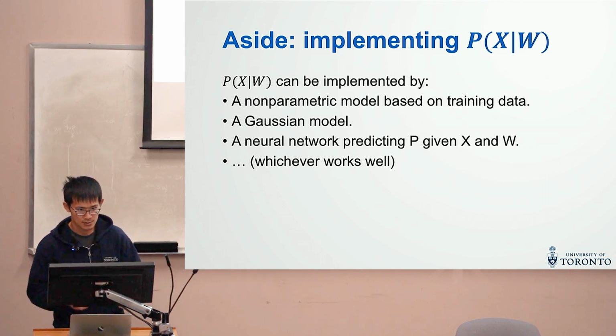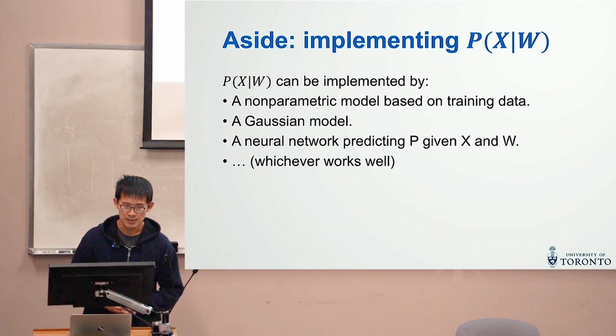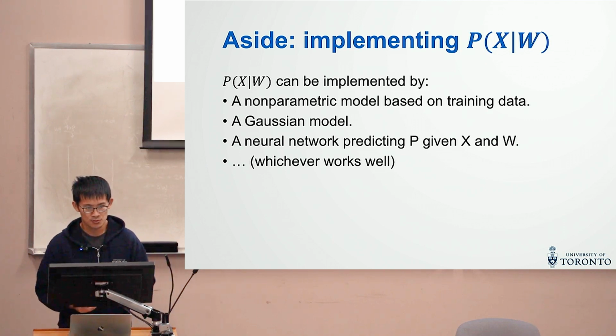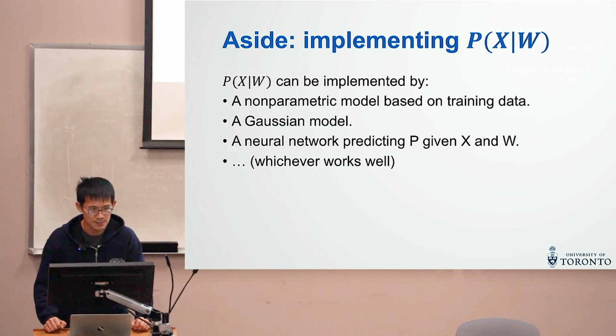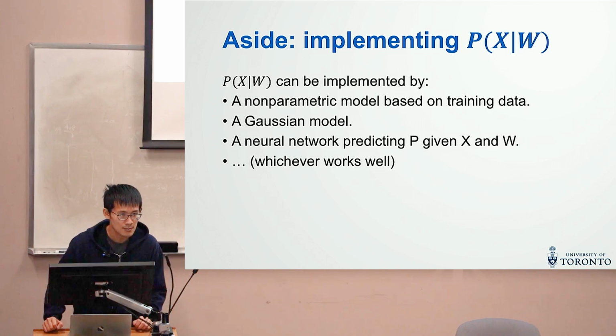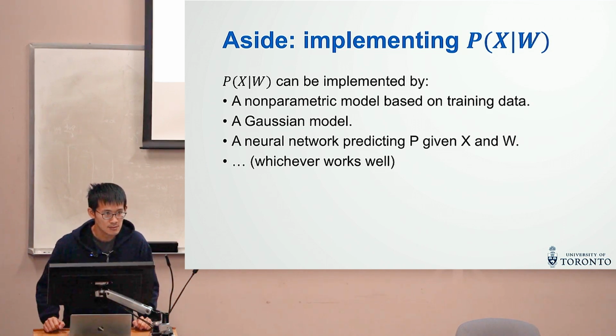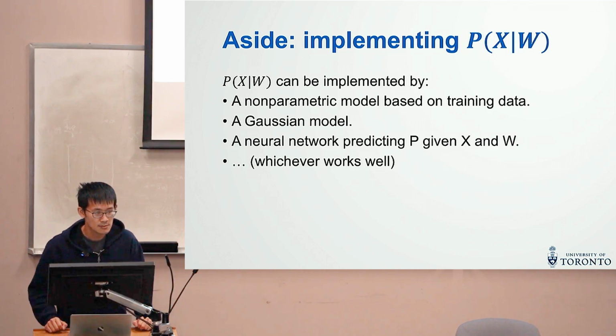So the acoustic model is not very easy to implement. And which model you choose to implement actually reflects how you think about the data and the nature of the data.